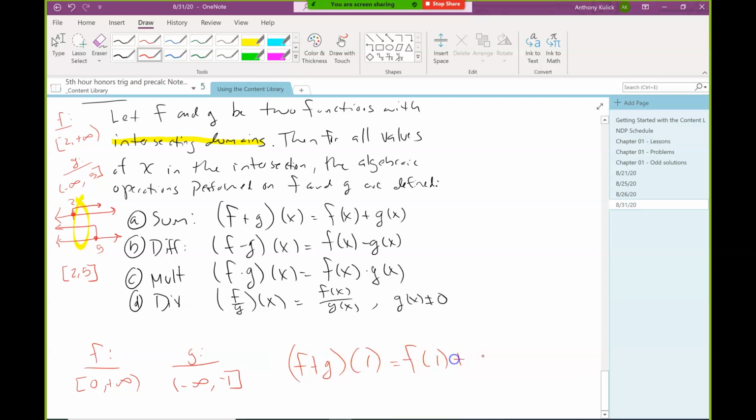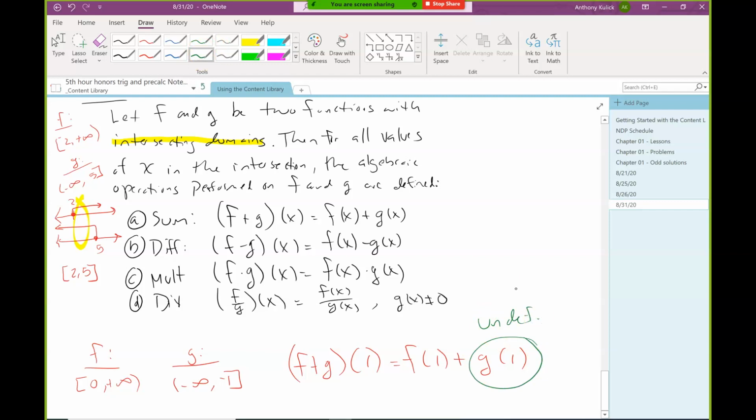Well, that tells me I have f of 1 plus g of 1, right? Now, f of 1 has an answer, but what would my answer to g of 1 be? This would be undefined, right?